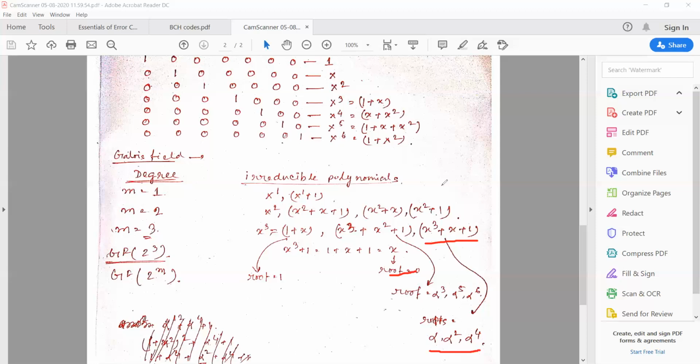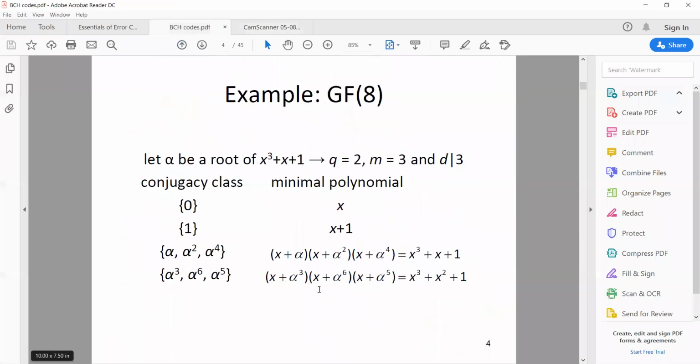Now we are going to the second PDF. As I have told you, the example is GF(8), that means 2 to the power 3, that means the degree m equals 3. This is the conjugacy class.